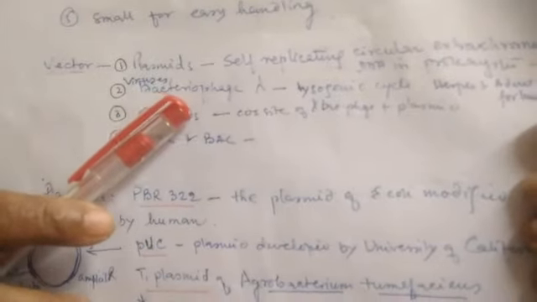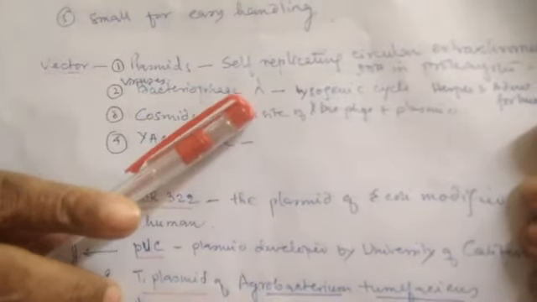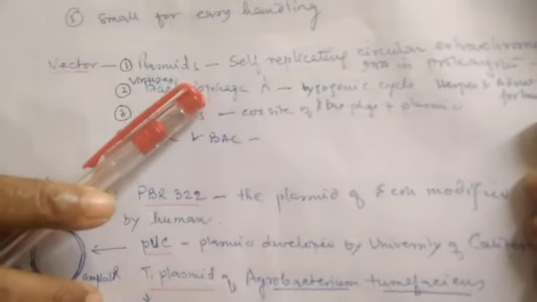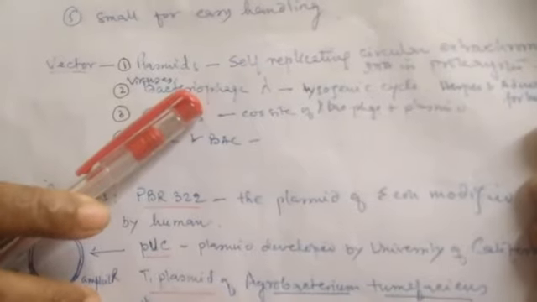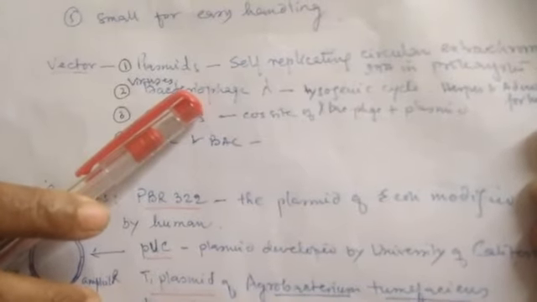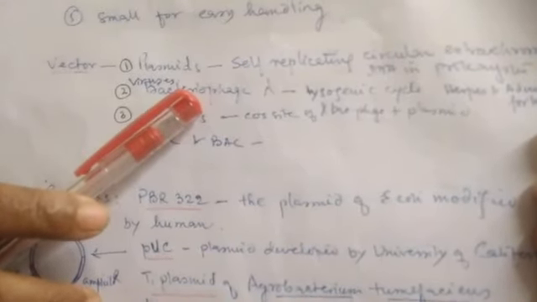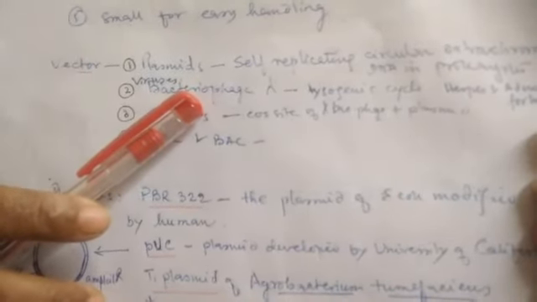Next are the viruses. Now there are numerous viruses and bacteriophages, especially the lambda bacteriophage, which undergoes the lysogenic cycle. That means their DNA gets integrated into the bacterial DNA, and when the bacteria divides, this DNA along with the bacterial chromosome moves to the next cell.